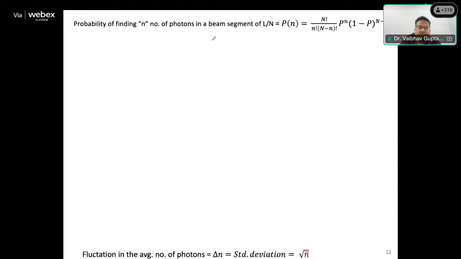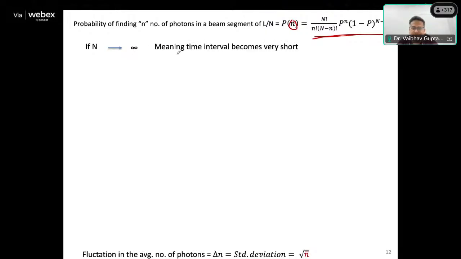In general, if you do that math, what you will find is that the probability of finding n photons is given by this particular formula. So that is the probability. But what I'm doing is tending n towards infinity, meaning I have created very tiny segments, so the total number of segments goes to infinity.